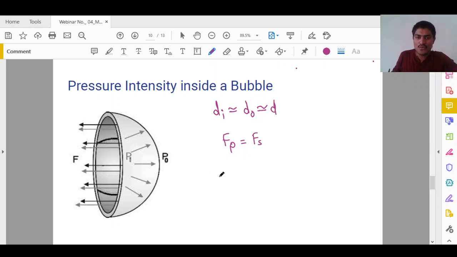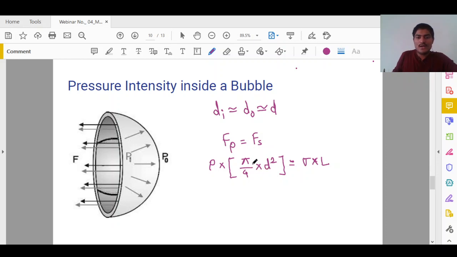Again for Fp we can write pressure intensity into pi by 4 d square, this is the area, so pressure into area gives the force. And the surface tension force we will represent with sigma into L.